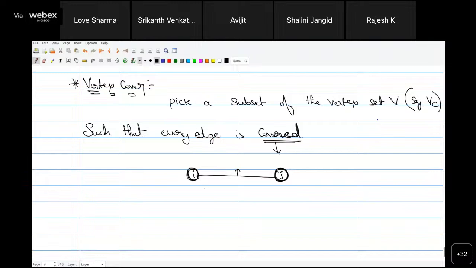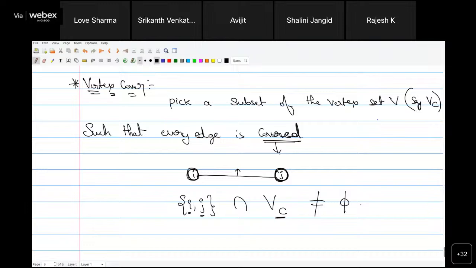So I say this edge is covered if at least one of I or J is in my vertex cover. That means if I take {I, J} intersected with this vertex cover, it should not be equal to the empty set. So at least in my vertex cover, I should have I or I should have J. Even if you have both, it's fine. But it shouldn't be that both are not there in my vertex cover.